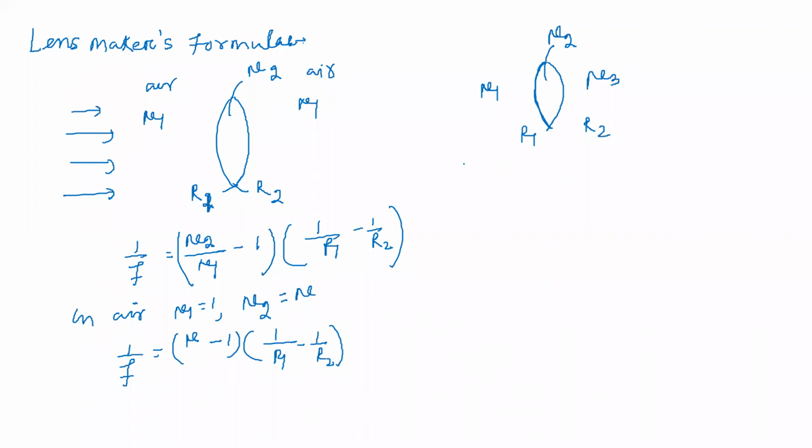What will be the formula in that case for focal length? Remember, 1 by f is equal to (mu2 minus mu1) divided by (mu3 into r1) plus (mu3 minus mu2) divided by (mu3 into r2).